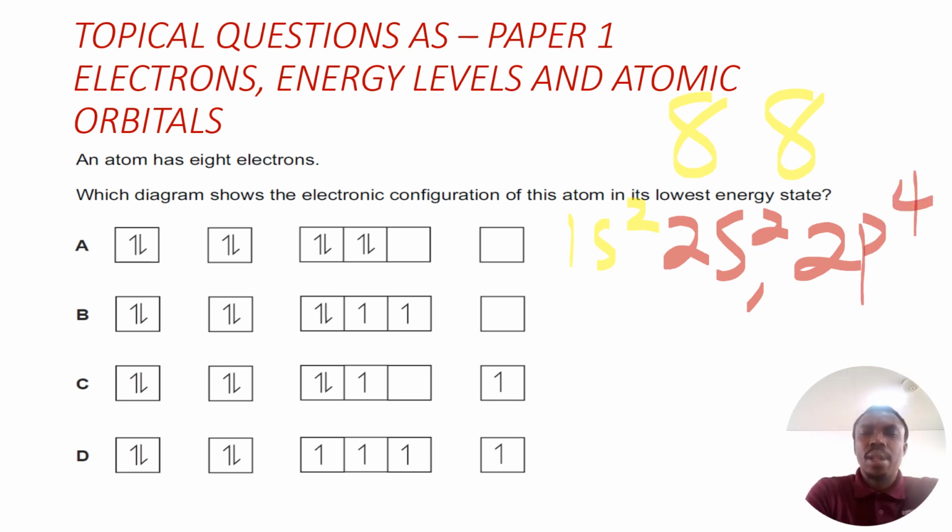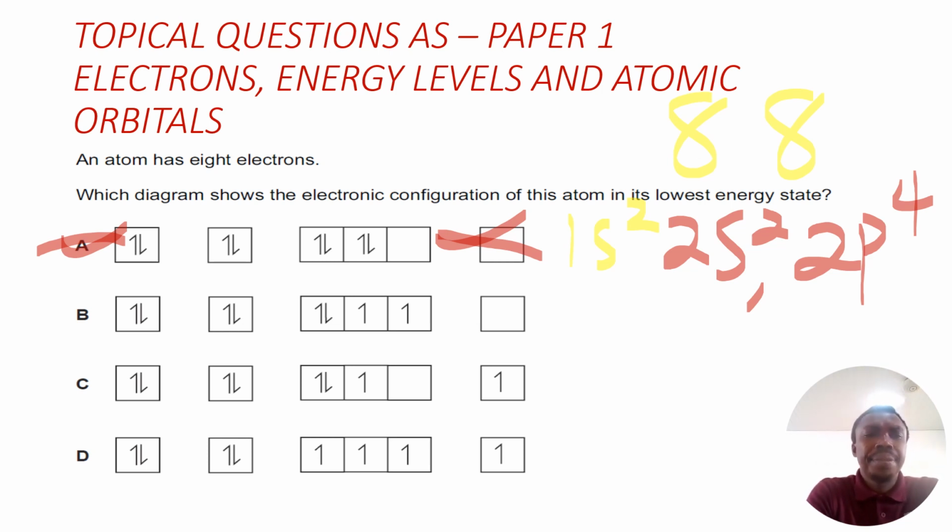Now if I follow Hund's rule, that in filling electrons in orbitals, you fill singly before you start pairing. So if you look at A, it disobeys Hund's rule. So A is wrong, because on the p subshell you have 4 electrons. You have to fill it singly before you start pairing. So A is not the answer.